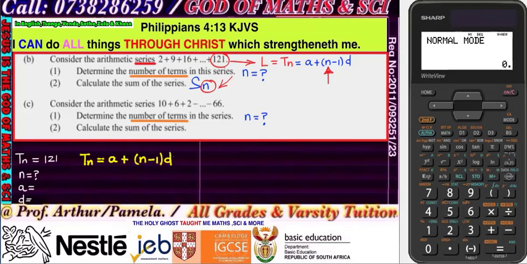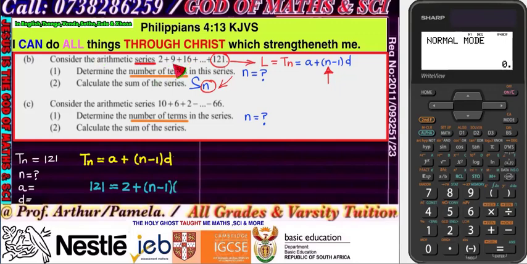Next is substitution. So we put 121 equals the A value, the first term, which is 2. So it's going to be 2 plus, open the parenthesis, n minus 1, and then multiply that by the D.